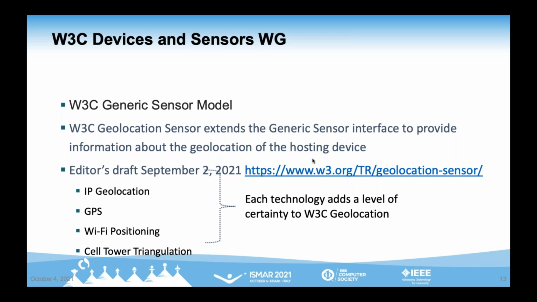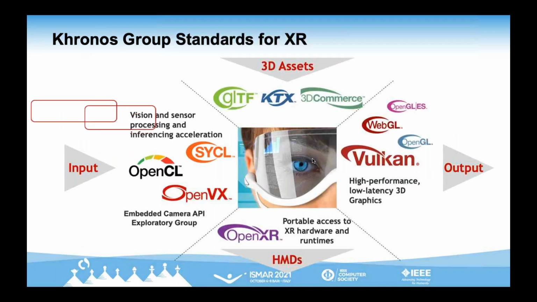The editor's draft is quite current. Again, it is still in progress and considered very mature, but still relevant for refinements. As you can see on this slide, there are several different ways of obtaining the geolocation, and each technology adds a level of certainty.